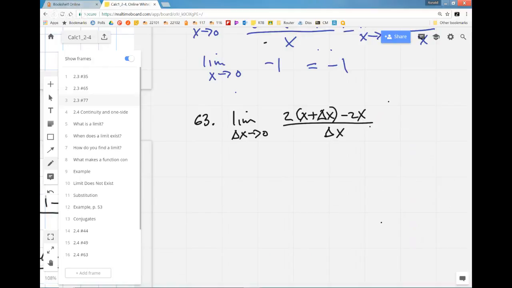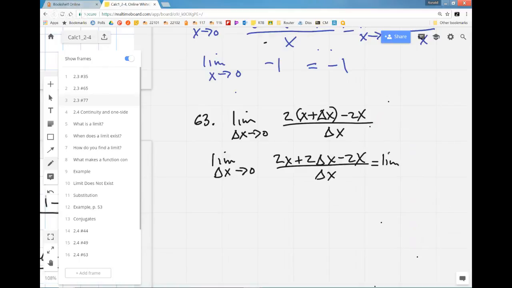And we can't substitute, so we've got to do some algebra, and this turns out to be pretty easy. We just have to operate on the top, which gives us 2x plus 2 delta x minus 2x all over delta x.